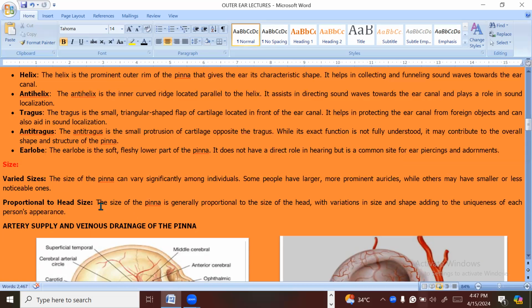However, the size of the pinna is generally proportional to the size of the head, with variations in size and shape adding to the uniqueness of each person's appearance. So the type of ear a person has, proportional to his head, makes up how the person will look, the appearance of the person, whether the person will look well, and all of that.